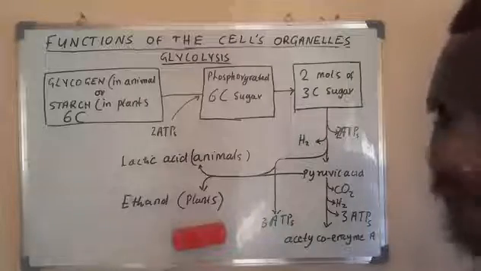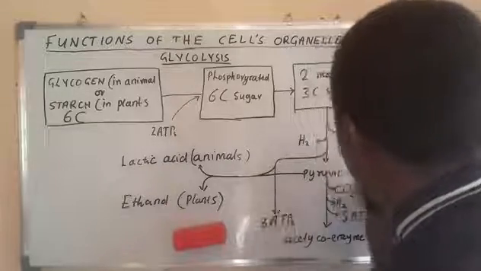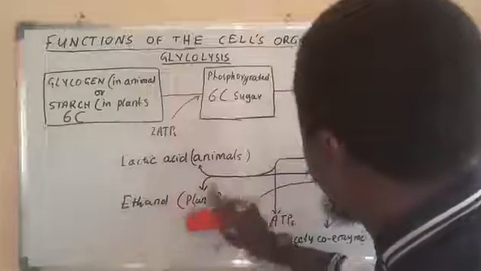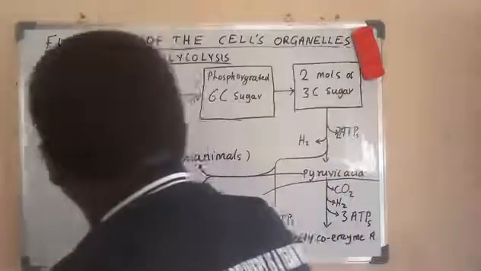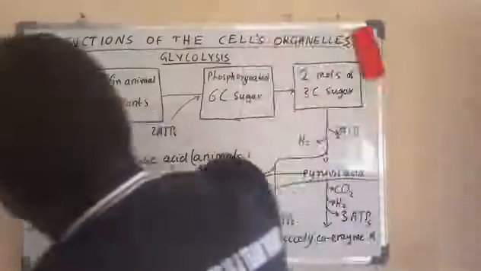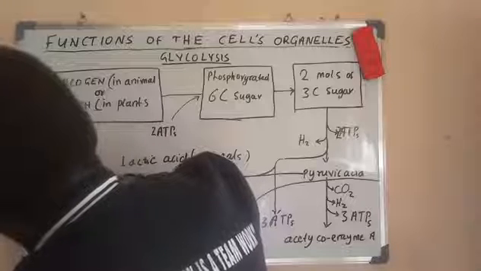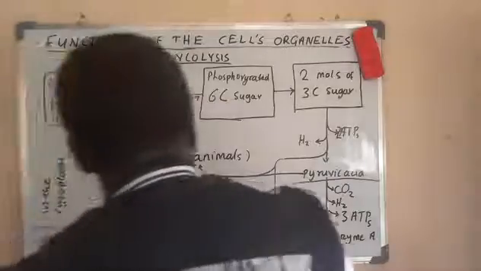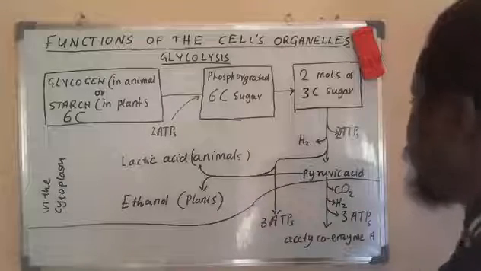So actually, from this place down to this place takes place in the cytoplasm. Then this takes place in the mitochondria.